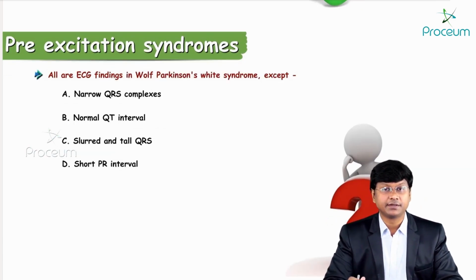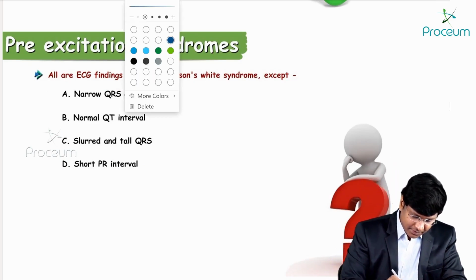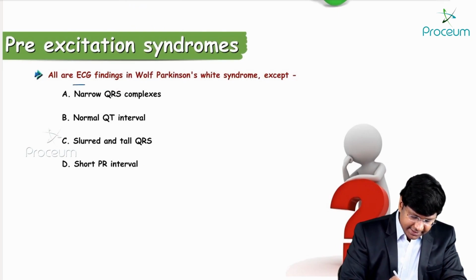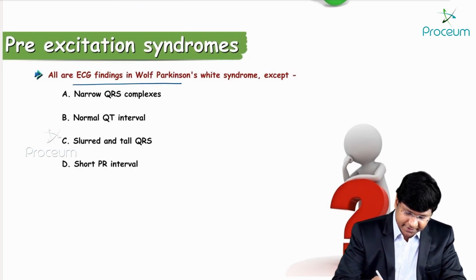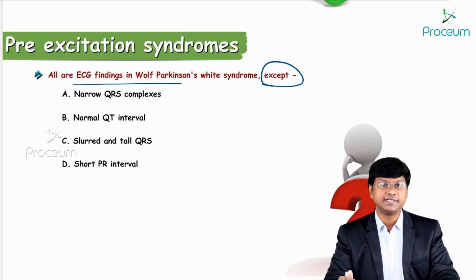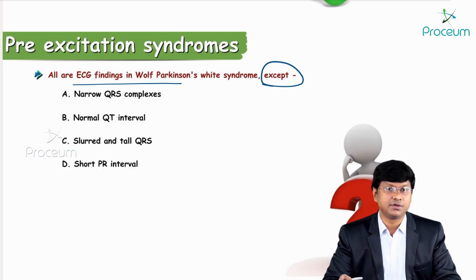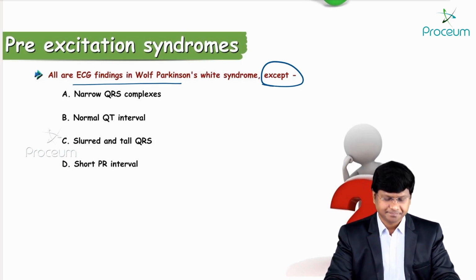Now, if you see the ECG findings in case of the WPW syndrome, the question is, all of the ECG findings in WPW syndrome are present except: narrow QRS complexes, normal QT interval, slurred and tall QRS complex, short PR interval.